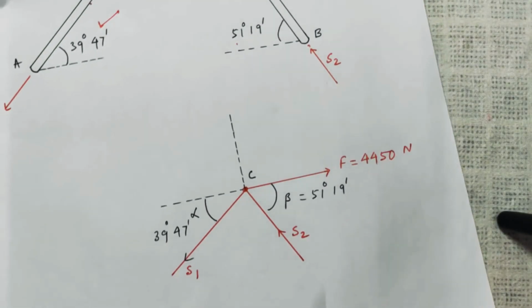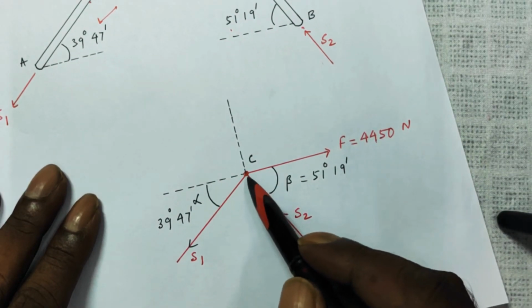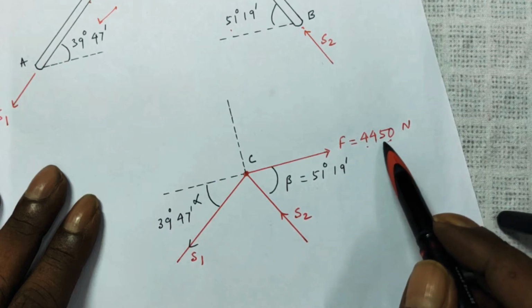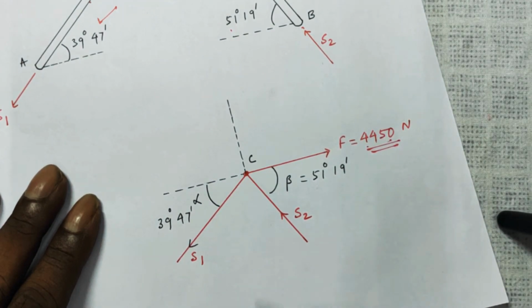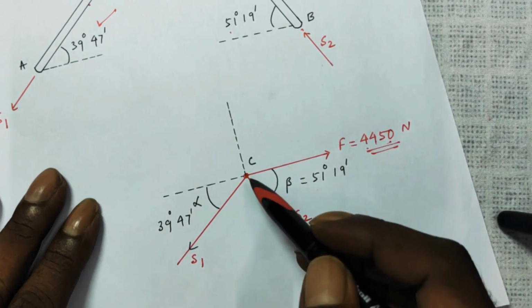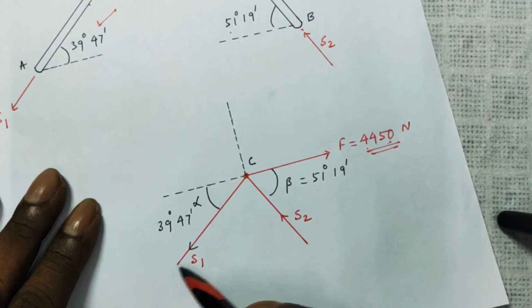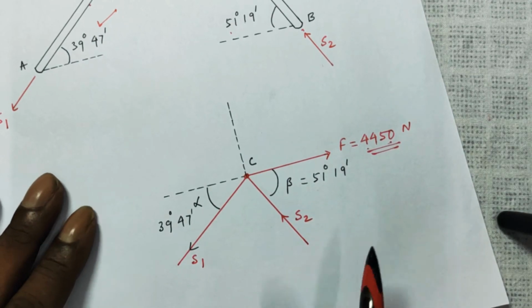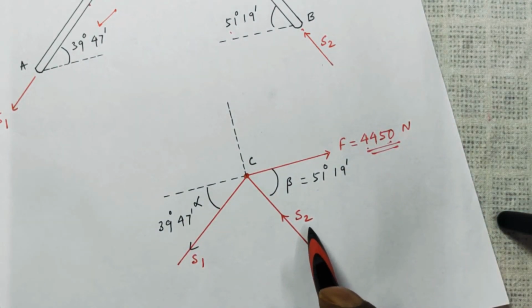Then come back to point C. This is the point C from which there was a horizontal force 4450 Newton, and this is your bar AC, this is your bar BC.